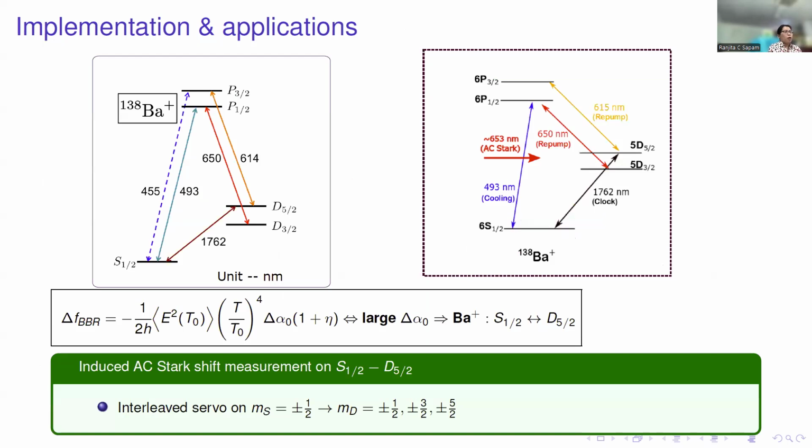And then, as I said earlier, I am going to do these measurements for barium. You don't need to worry about these lasers. There are many lasers to use and trap. What is important is that I have to shine an external light at 653 nanometers and do the measurements.